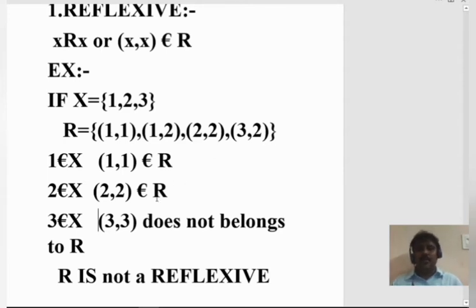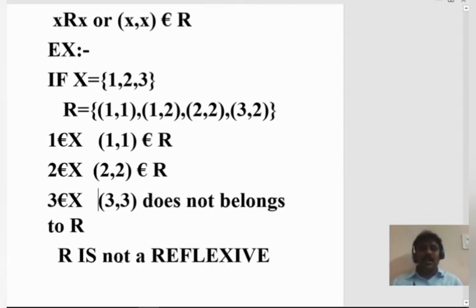Therefore R is not a reflexive property. Reflexive means it must satisfy all three. If any one is missing, then it is not reflexive. So this is an example of not reflexive.